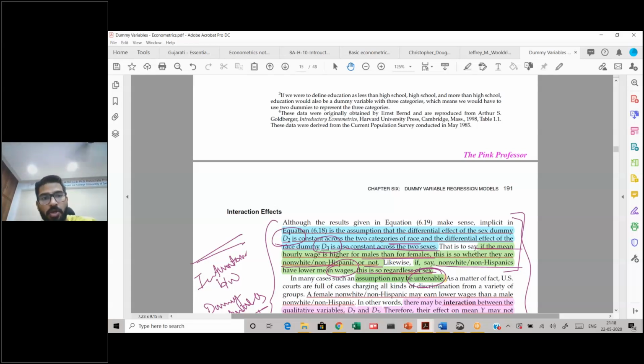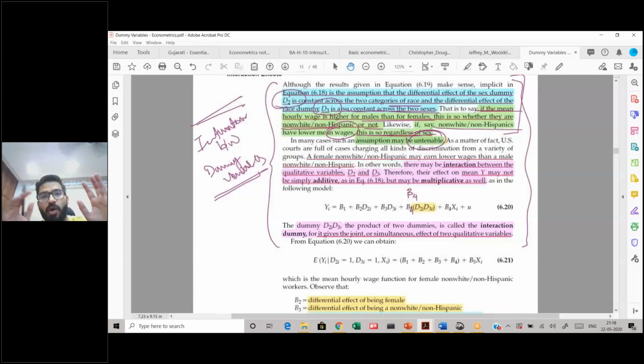So you have to add for that the interaction between the dummies. For that we have this new term, which is D2 into D3, which will give you the difference. When will we have B4?